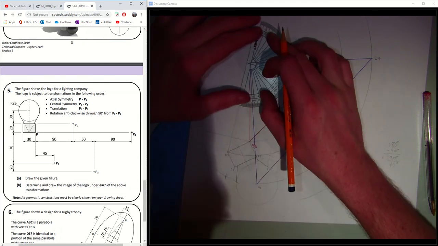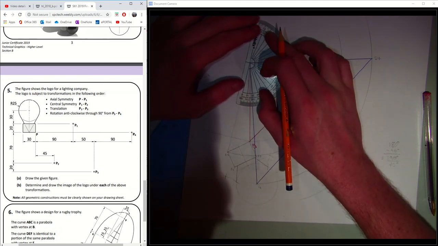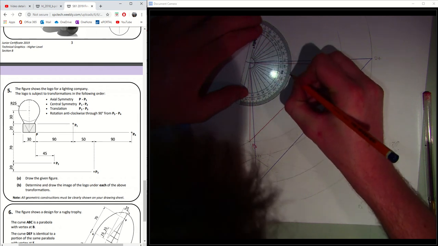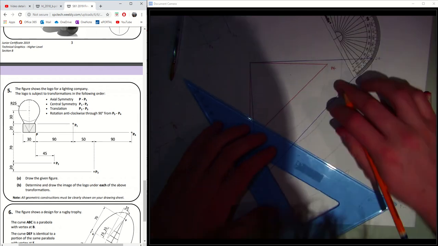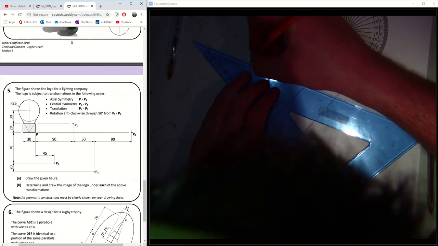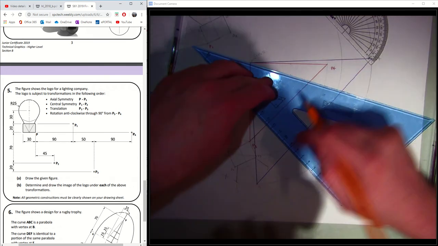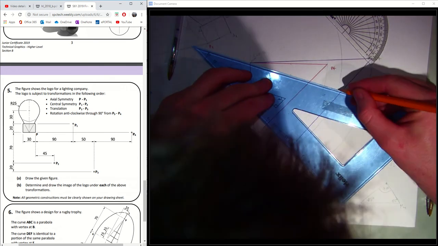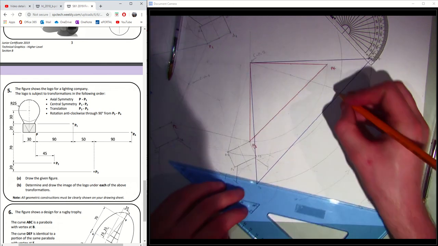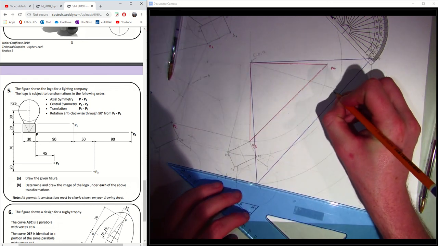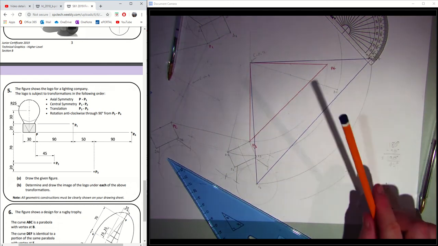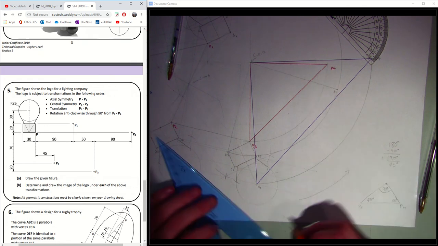So I want to create a triangle at 90 degrees, like that, and where that intersects the rotated line I brought around, so this was hit here, is going to get me A4.